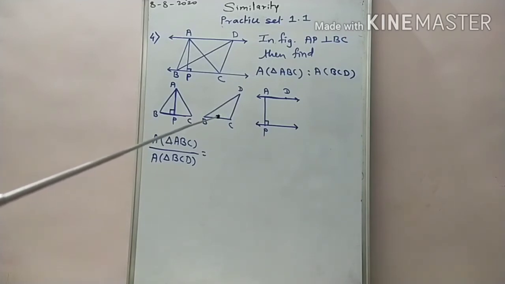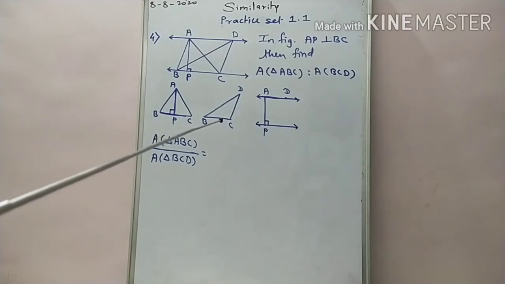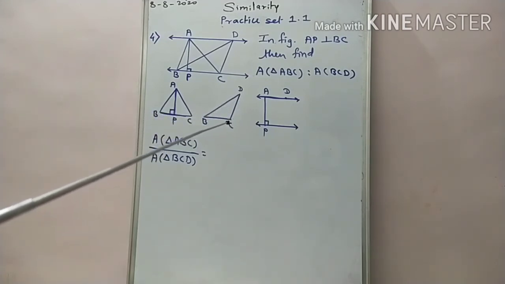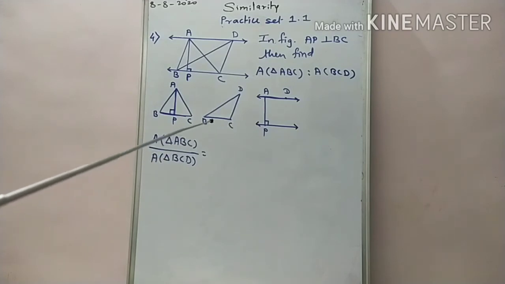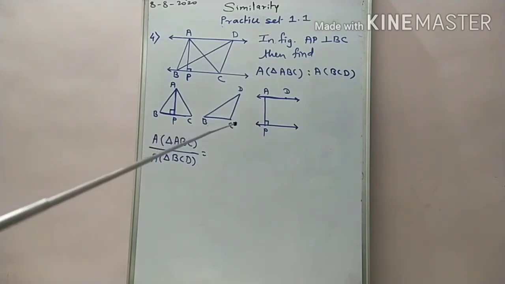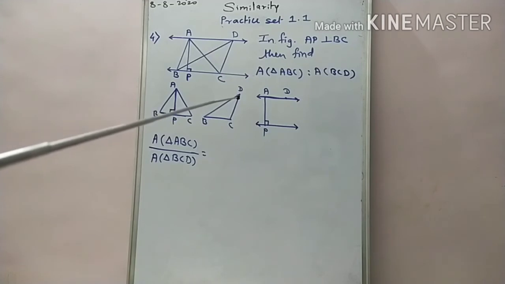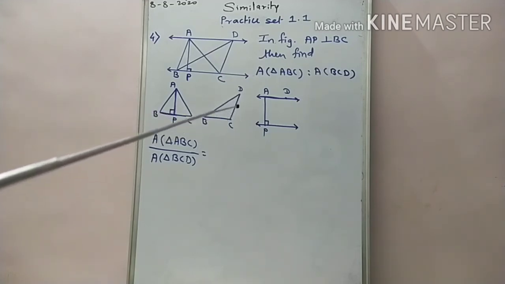If you consider BC as the base for BCD, you have to draw a perpendicular from its opposite vertex D toward the base BC. Always, if one side is considered the base, then for the height we draw the perpendicular from its opposite vertex. So we imagine this perpendicular on BC.